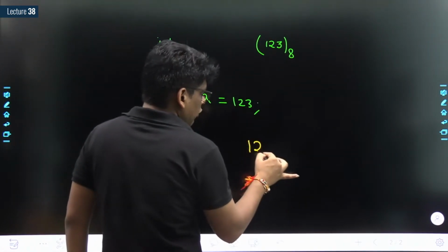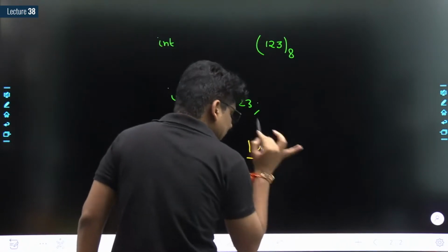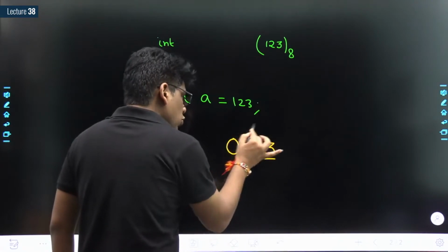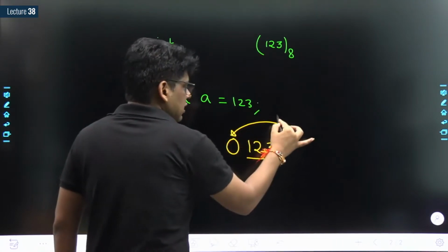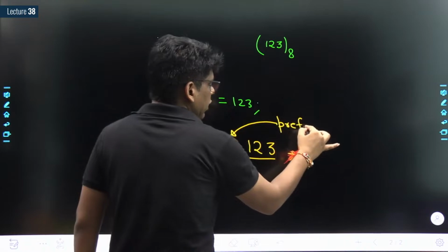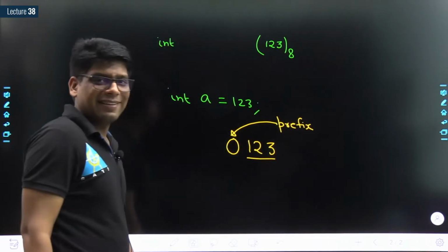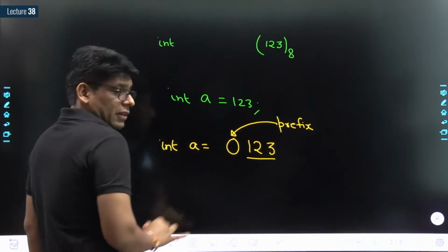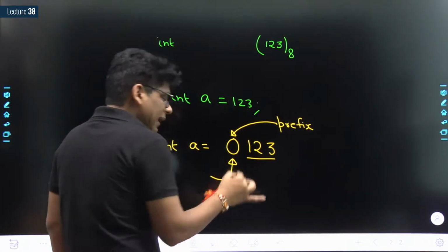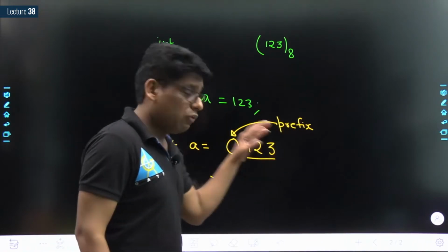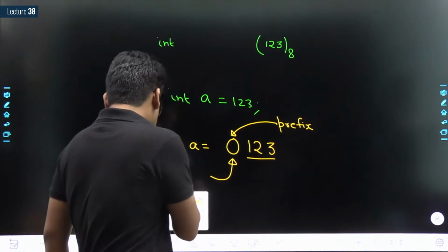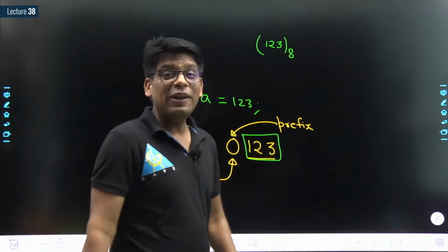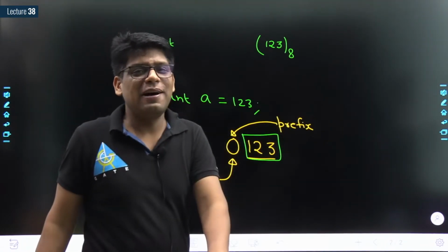If you want to provide any literal in octal, just prefix a 0 before it. Just prefix a 0 before it. So now if you give something like this, by looking at the 0, the compiler understands that whatever literal is written after this 0 is in octal number system.